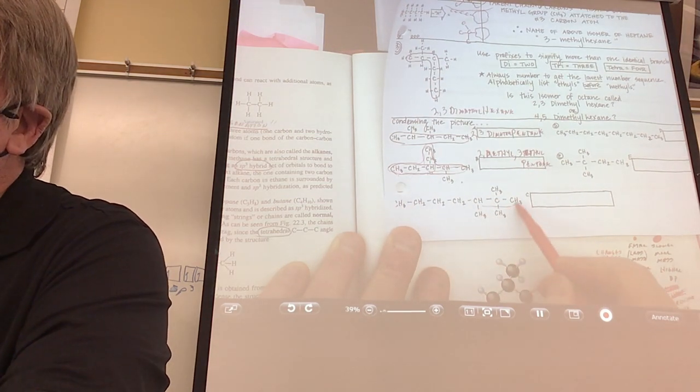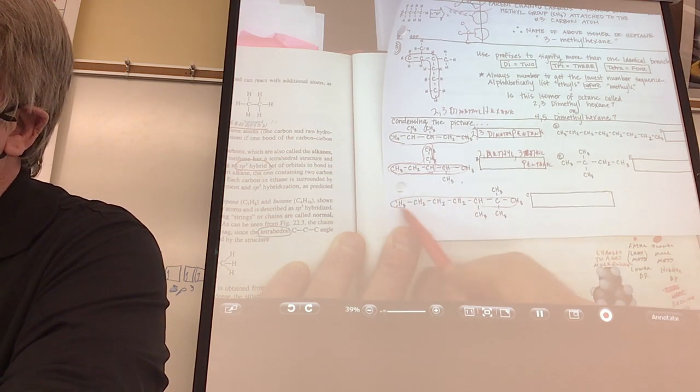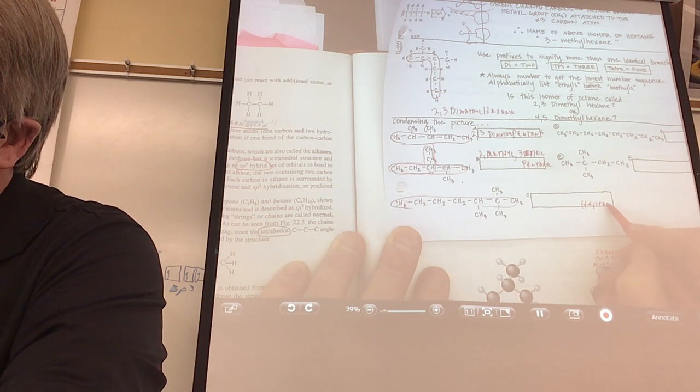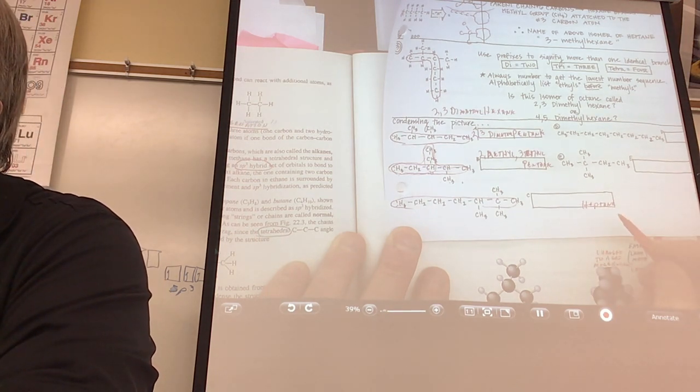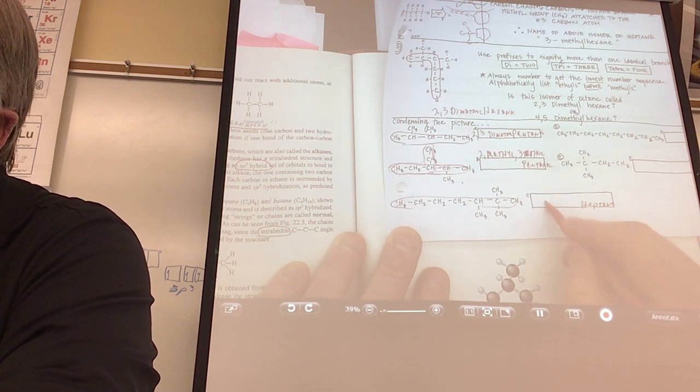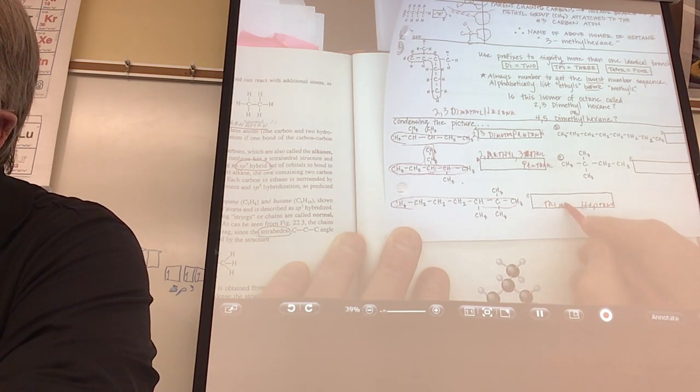And again, I don't really care which way you go, but it's going to be heptane, right? Do you have any branches? 3? What kind of branches? So is that methyl? Dimethyl? Trimethyl.